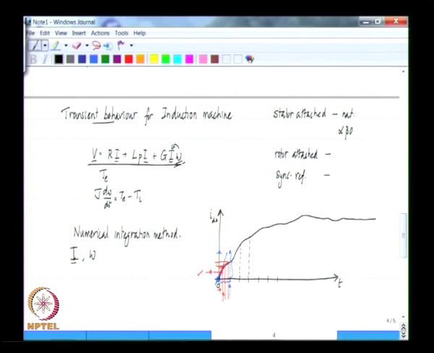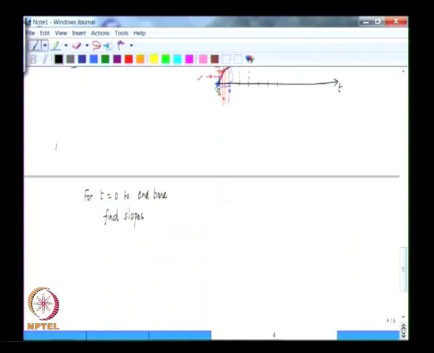So, this equation can be recast in this following form. L Pi is equal to V minus R into I minus G I omega. Therefore, the slopes di by dt can be obtained if you know the voltages at that instant of time, and we know the vector I at this instant of time, and we know omega at this instant of time. Of course, it is L into Pi.